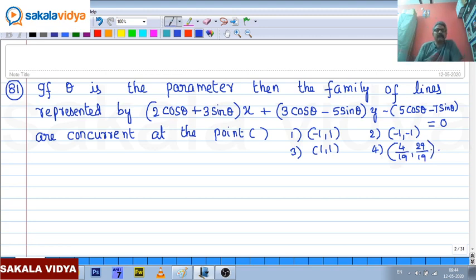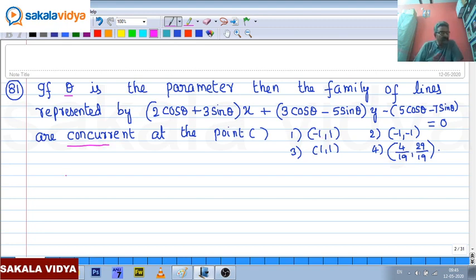Okay, if theta is the parameter, then the family of lines represented by 2 cos theta plus 3 sin theta of x plus 3 cos theta minus 5 sin theta of y minus of 5 cos theta minus 7 sin theta equals to 0 are concurrent. That means the point of concurrence we need to find out.